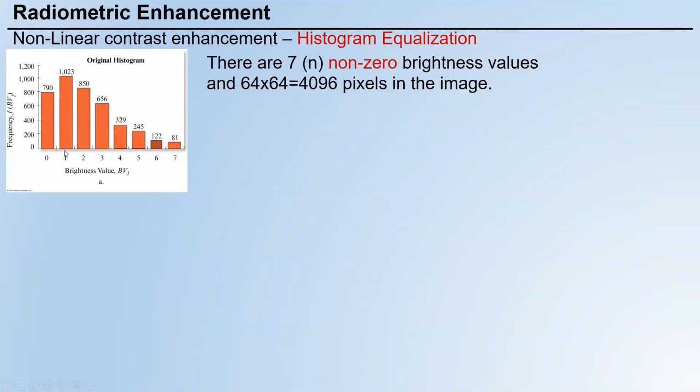Let's simply call each one a class: class 1, class 2, until class 7. Of course, we also have a class 0. Let's assume this image is a square one. It has 64 columns and 64 rows, so in total there are 4,096 pixels in this image.